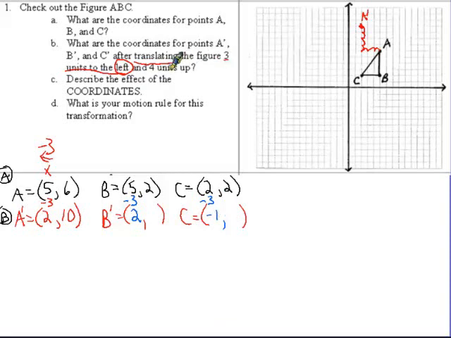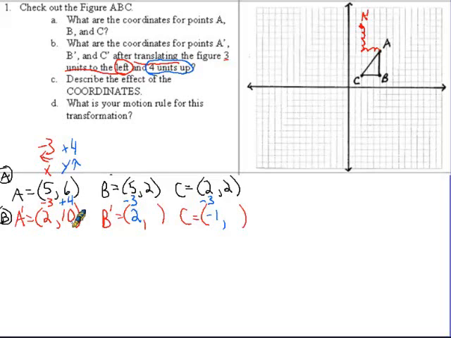And then if I look at the next part, it says, and move it 4 units up. Well, that's going to affect my y value. You can see here's my y value right here. So because I'm moving up, that's like adding 4. So 6 plus 4, you see that led me to my 10.